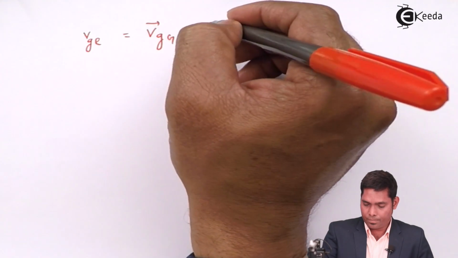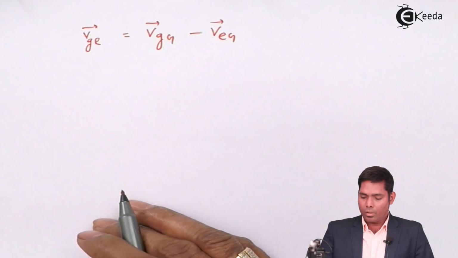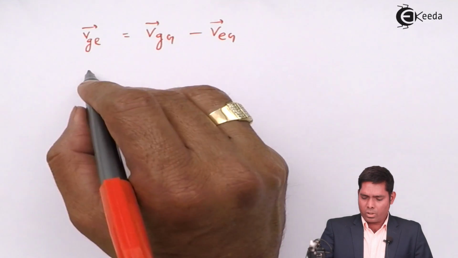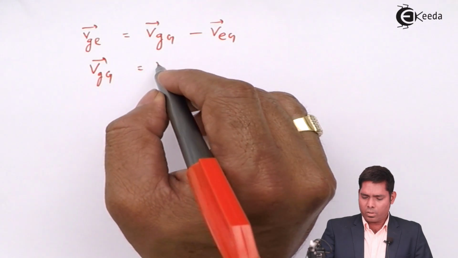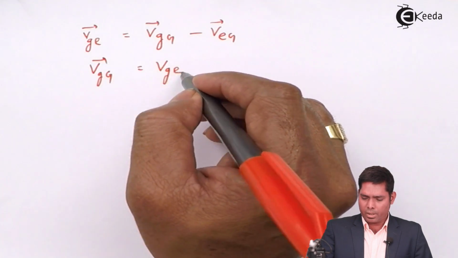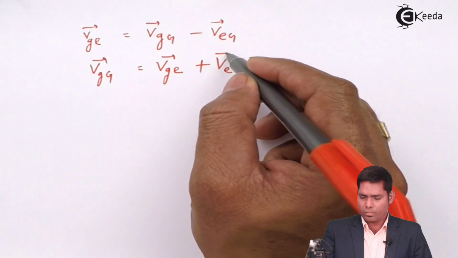So to find the velocity of girl with respect to ground, it is velocity of girl with respect to escalator plus velocity of escalator with respect to ground.